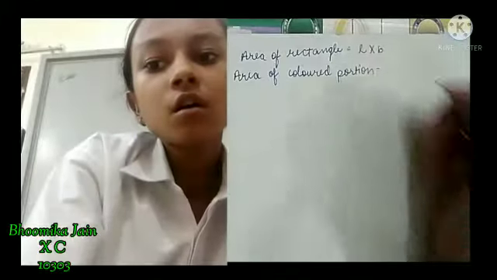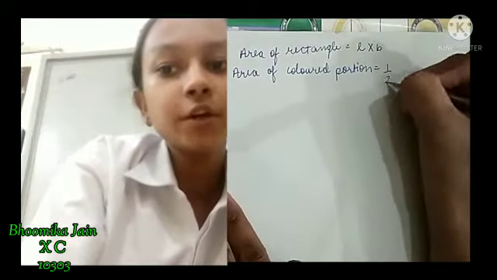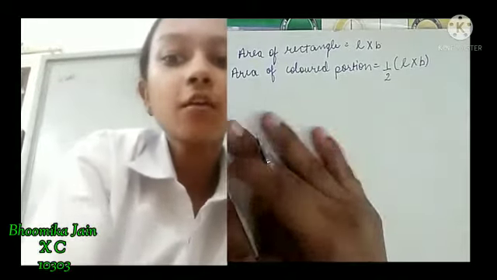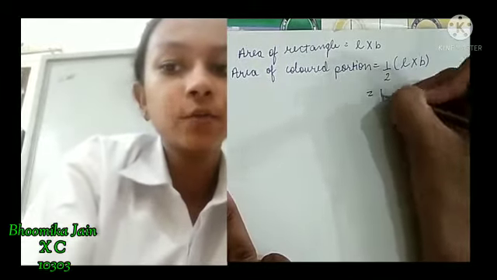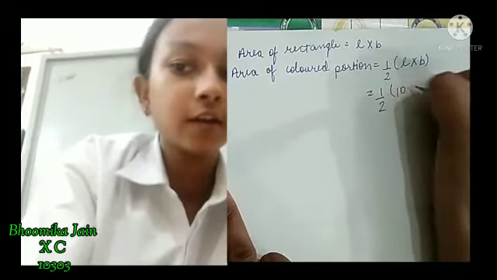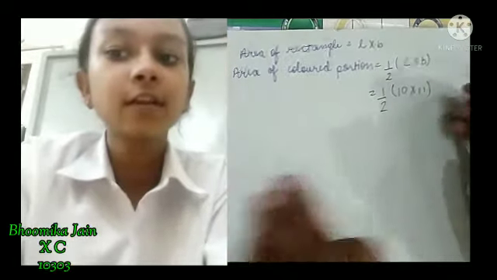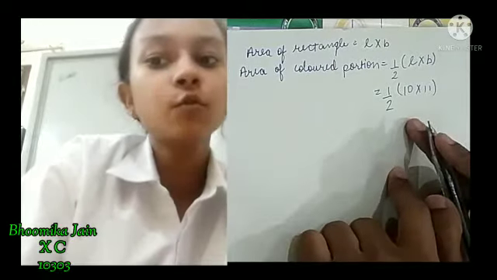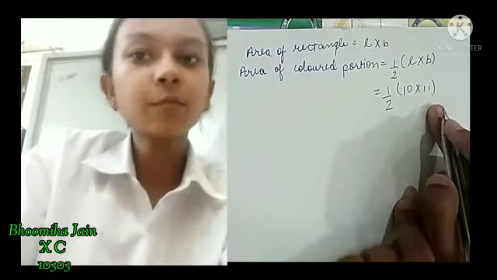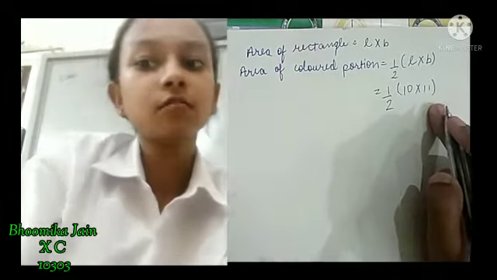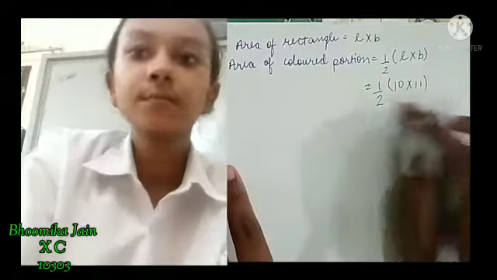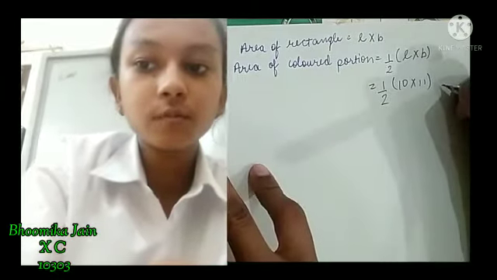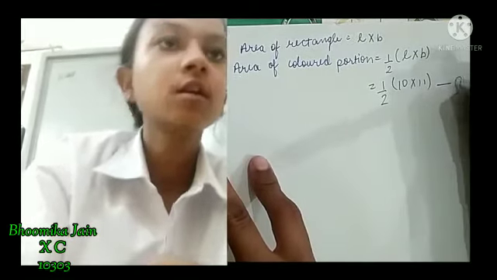So 1 by 2 into L into B. Now the area of the colored portion will be 1 by 2 into 10 into 11, as we have length 11 and breadth 10. And we know that the commutative property holds in multiplication, so we can interchange this. Now the next step, we will mark it as equation 1.